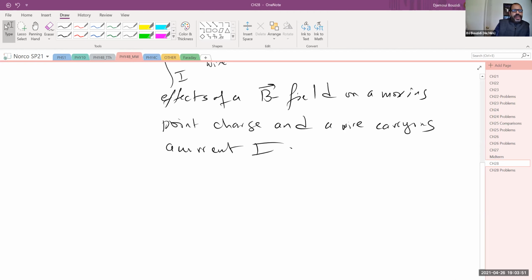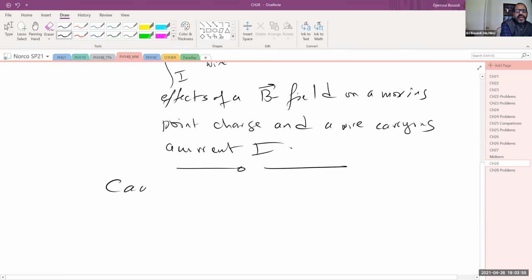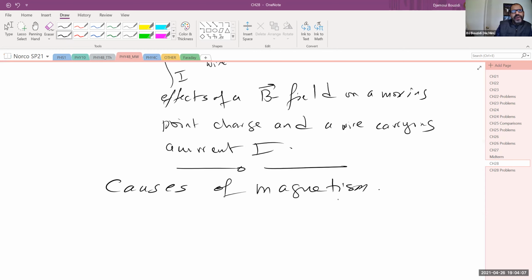Chapter 29 deals with another thing, and that is what causes magnetism. That is really an important point. We really need to know how we can create a magnetic field. For that, we're going to rely on experiments, which can basically be summarized by the work of Biot and Savart's law.